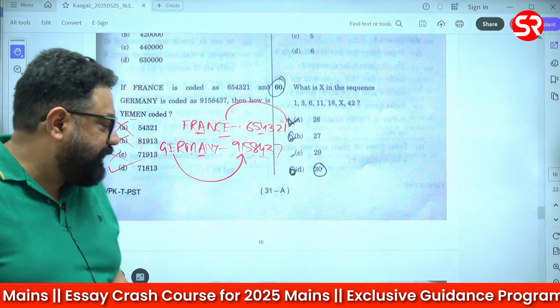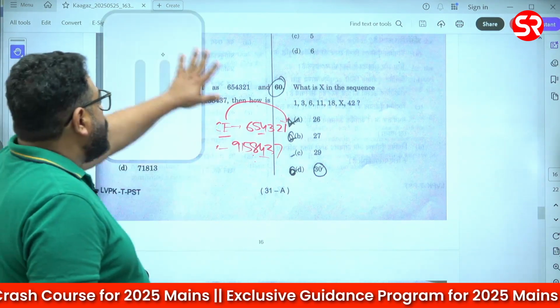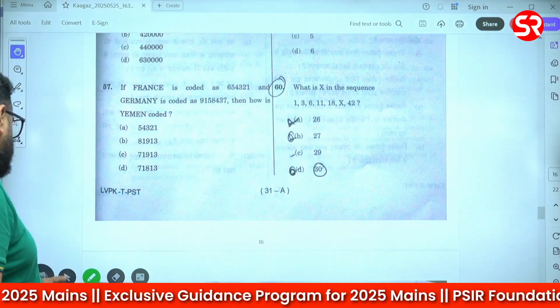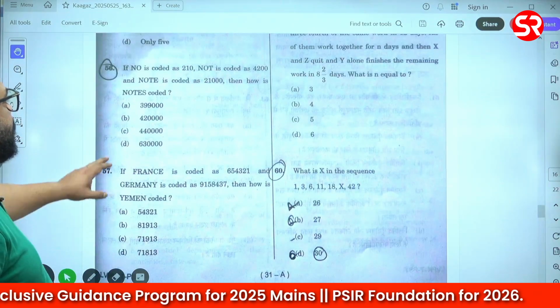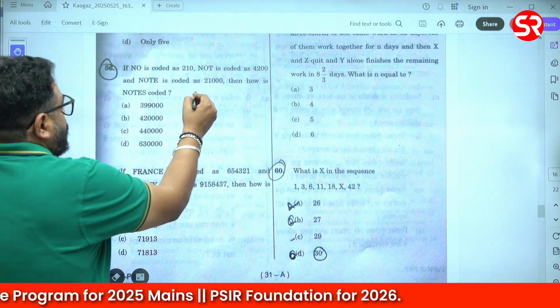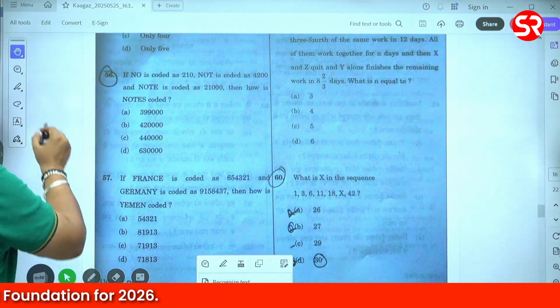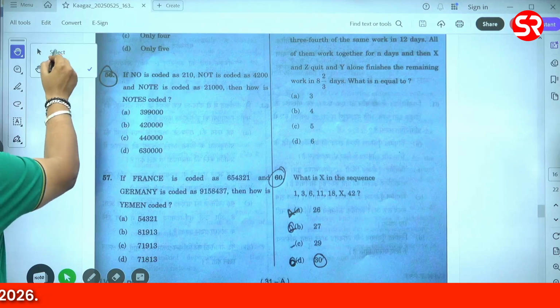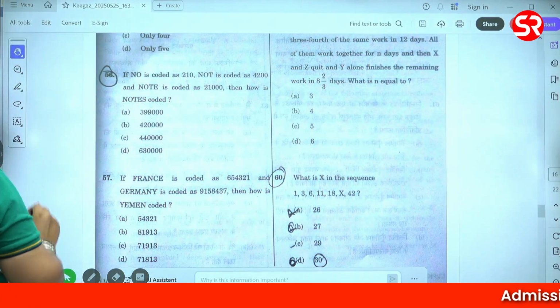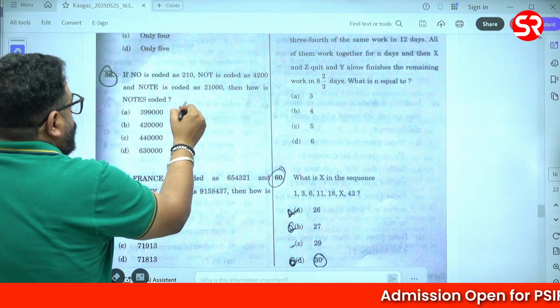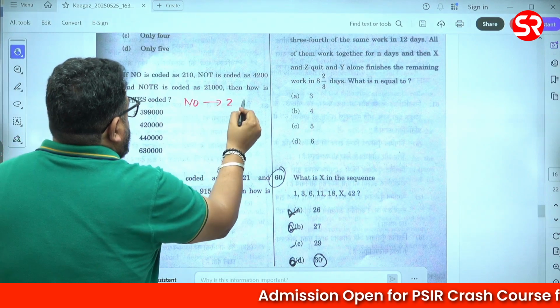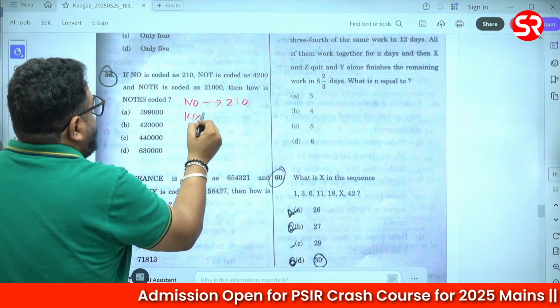So number series and coding was actually easy, but most of you got mugged up with this number system. Just a minute guys. NOT is 210, which is 14, right?